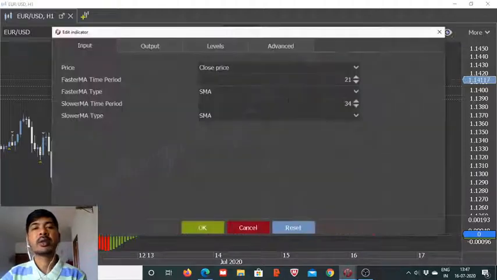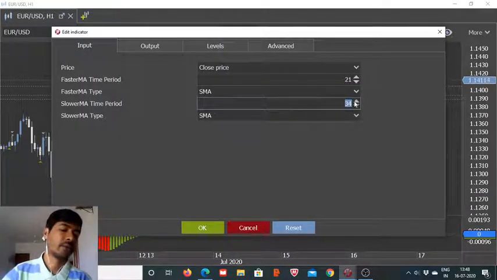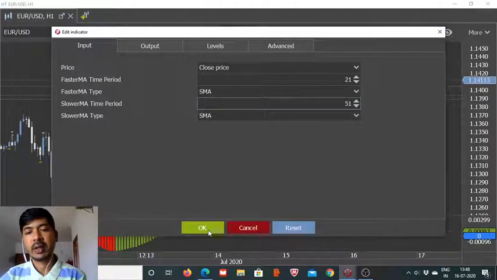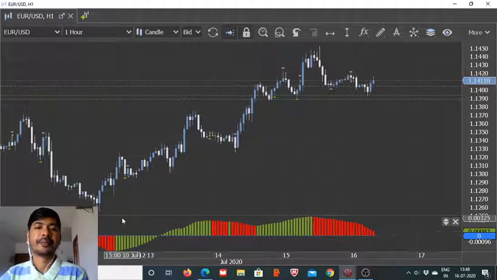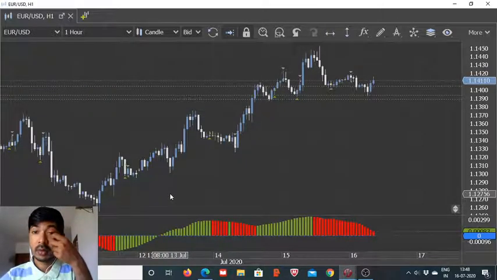Again let us change the slower one. Now the slower one, we can do it with 51, and you will see a drastic change. So here we have this change, and it is fairly visible, as you can see.